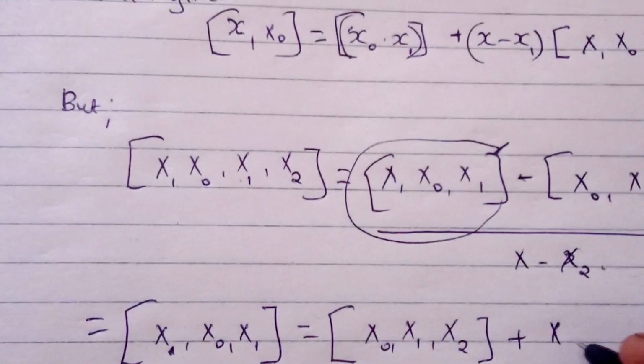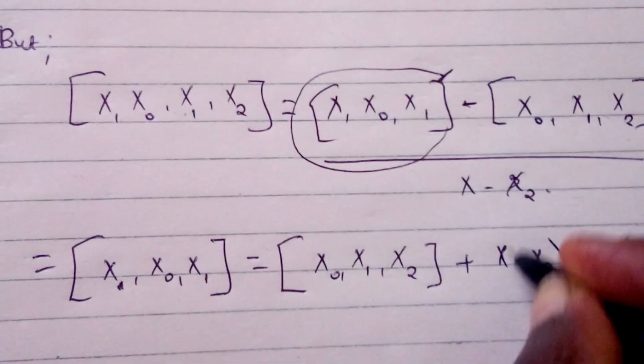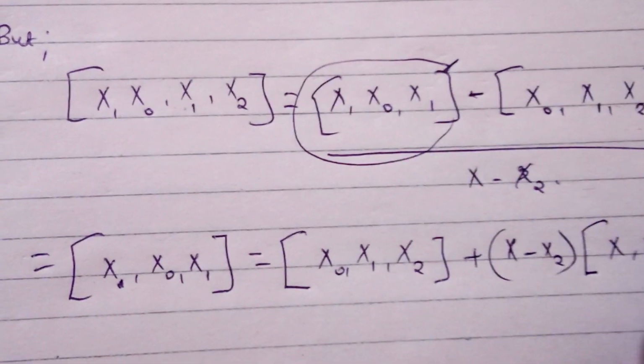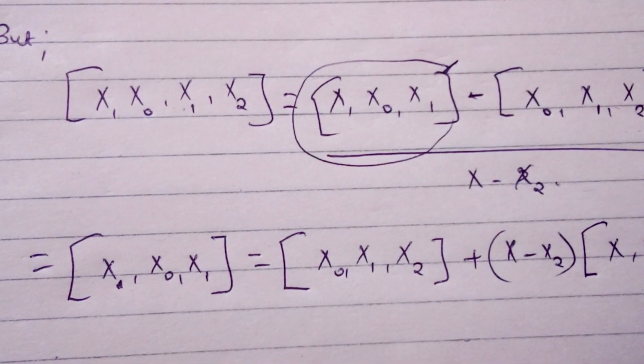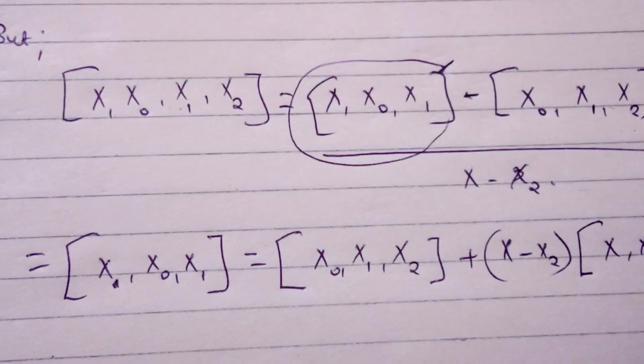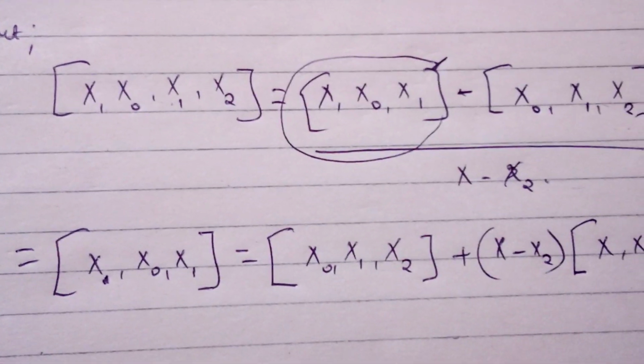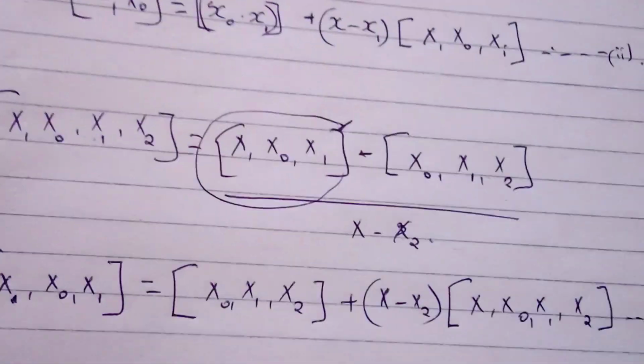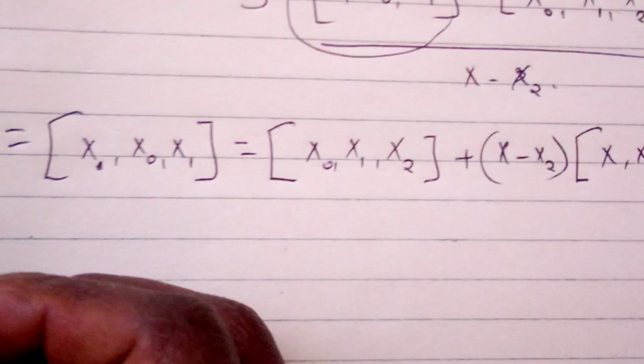We are going to have x minus x2 in brackets multiplied by x naught x1 and x2. This is our equation number 3.